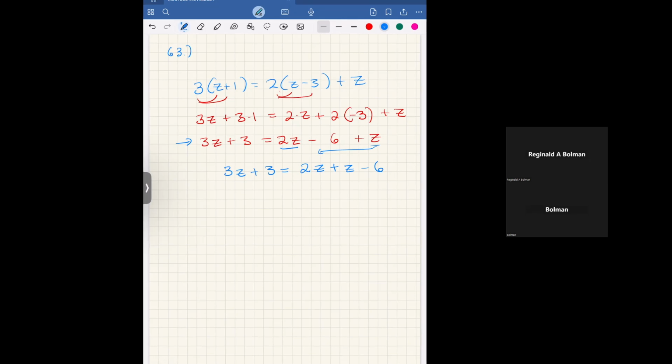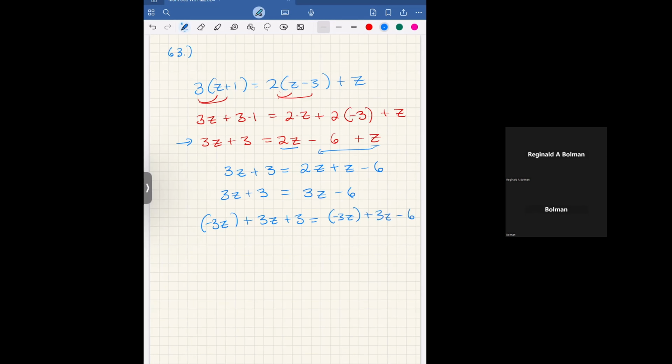Now, if we do that, we have 2z plus z, which gives me 3z. So we'll have 3z minus 6 on the right-hand side and 3z plus 3 on the left-hand side. In this particular instance, regardless of what direction you wanted to pull your 3z, to the left-hand side or the right-hand side, as soon as you use an additive inverse, i.e. add a negative 3z to both sides, your 3z on the left-hand side is going to cancel out.